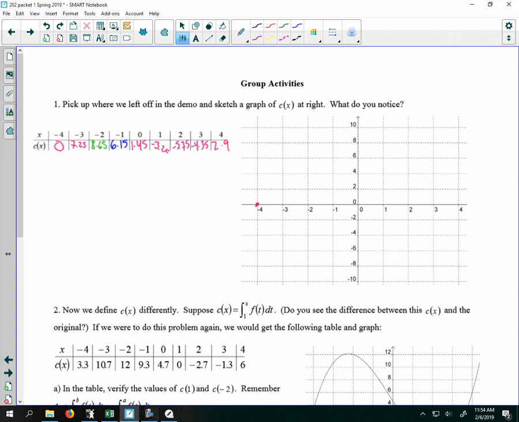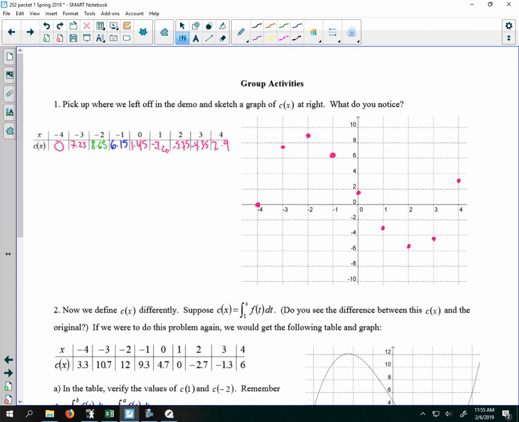So (-4, 0), (-3, about 7 1/4), (-2, 8.65), (-1, 6.15), (0, 1.45), (1, 3 1/4 → -3 1/4), (2, -5 3/4), (3, -4.35), and (4, 2.9).